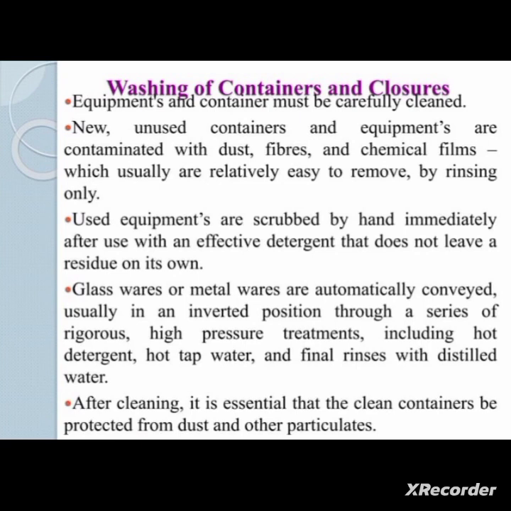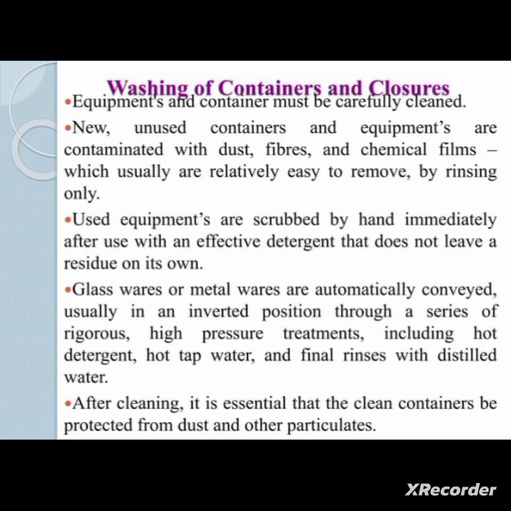Washing of containers and closures: equipments and containers must be carefully cleaned. Unused containers and equipments are contaminated with dust, fibers and chemical fumes, which usually are relatively easy to remove by rinsing only. Used equipments are scrubbed by hand immediately after use with an effective detergent that does not leave a residue on its own.